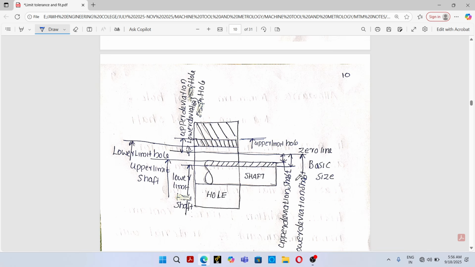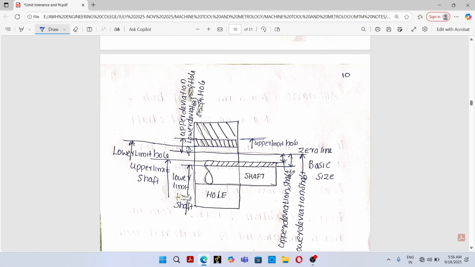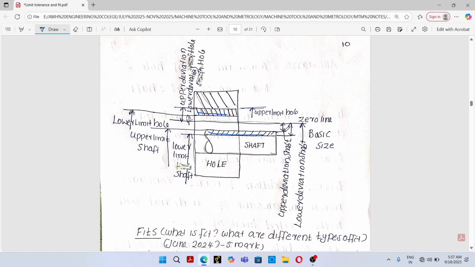So this is a graphical representation of which represent the limits and tolerance. So we have hole, this is the hole and this is the shaft, and this hatched portion is the hole tolerance and this is the shaft tolerance. So shaft which have a basic size and an upper limit and lower limit. So this is the zero line which represent the basic size, and here lower deviation in the case of shaft this is a lower deviation and this is the upper deviation.